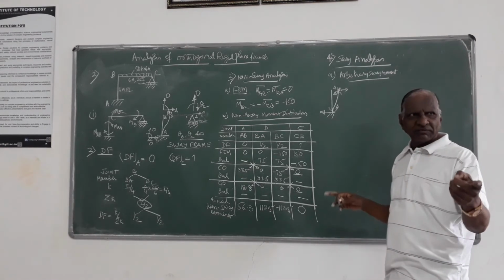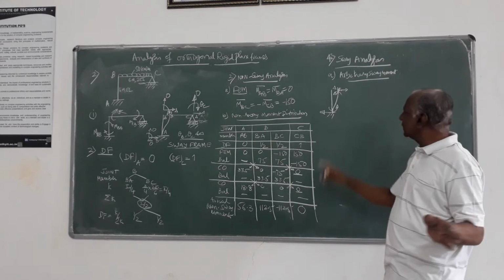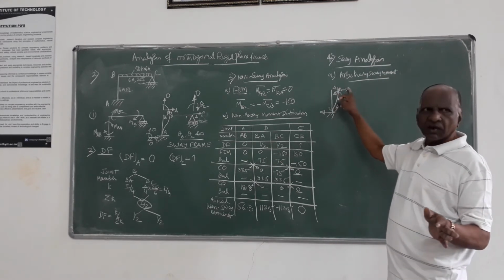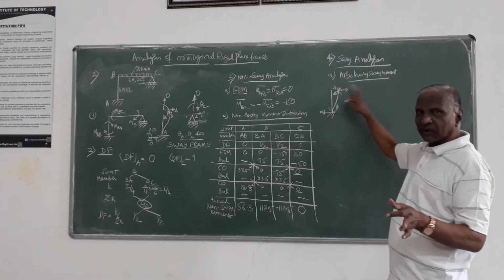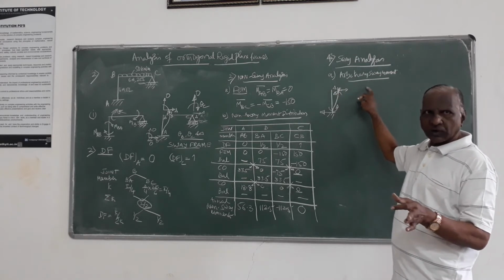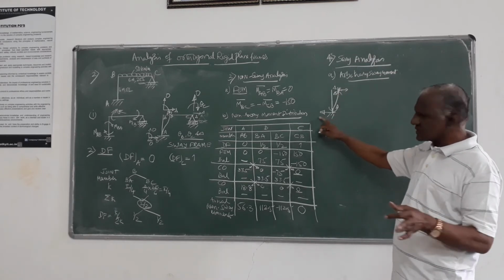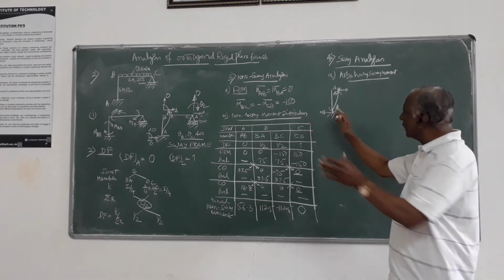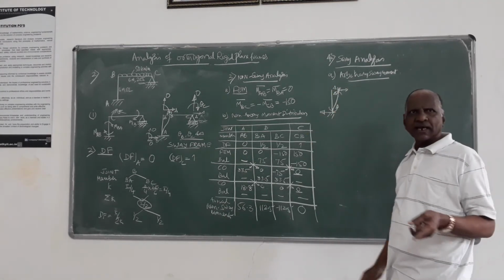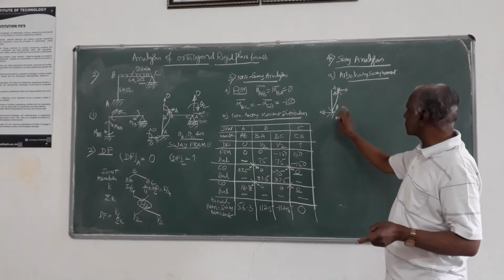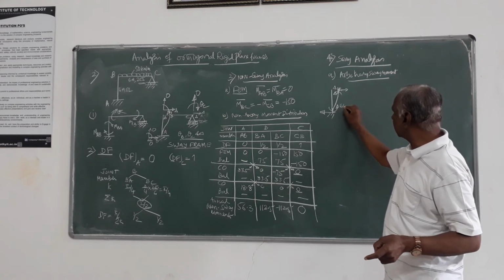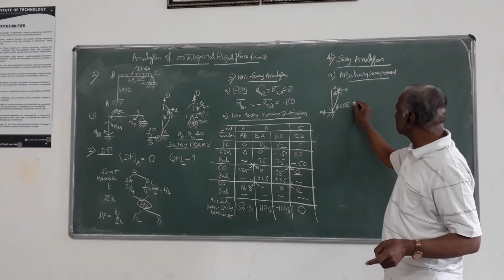This already we have given while deriving the slope deflection equation. When there is a sway of delta, the force required to cause that delta is 12 delta by L cube. This is also 12 delta by L cube, and the moment will be 6 delta by L square. So this arbitrary sway moment will be 6.